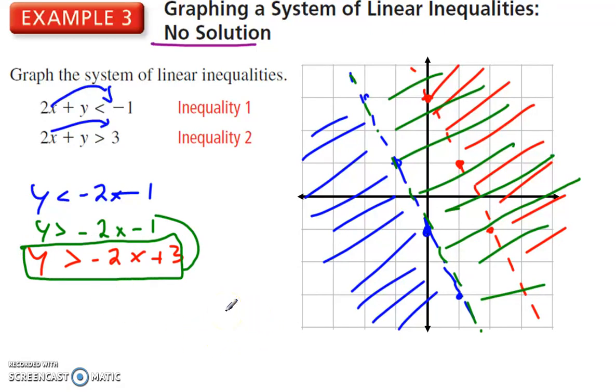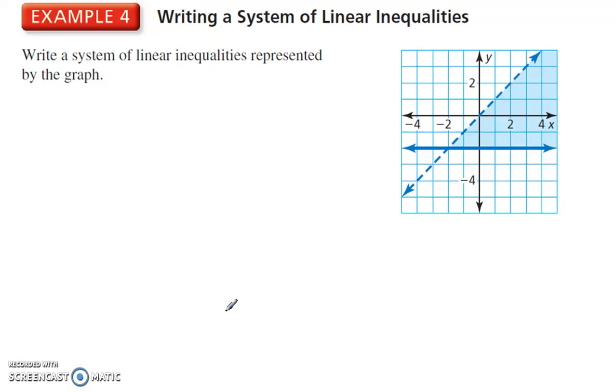Okie dokes. All right. If we want to write a system, we first write the equations. This one right here, if it's a horizontal line, that's y is equal to, and that's negative 2. And then notice that it's shaded above that line, and it's a solid line, so greater than or equal to negative 2.